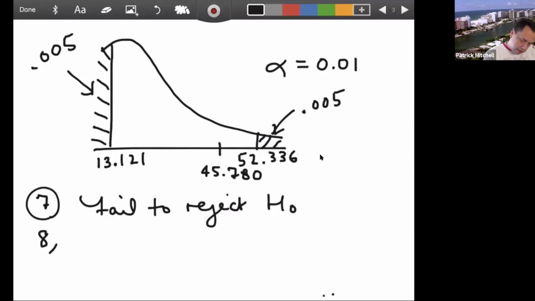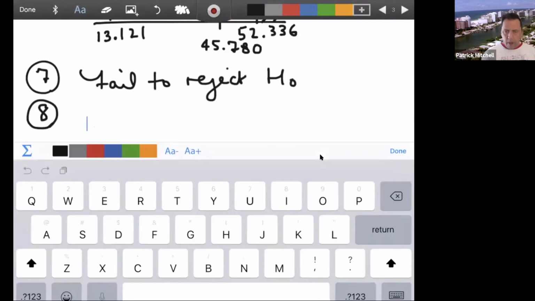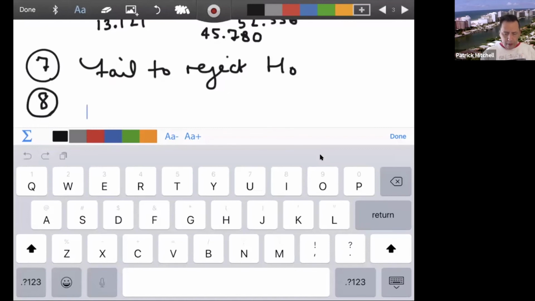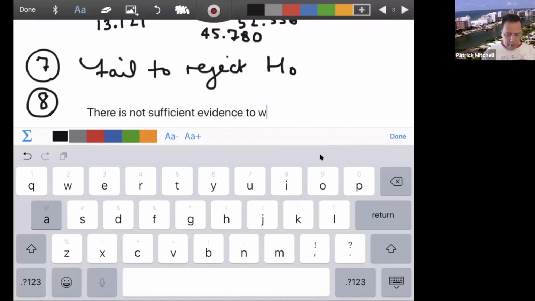You know what? I think I can type this. This will look a little nicer. There is not sufficient evidence to warrant rejection of the claim that the birth weights, oh, I'm sorry, you can't see this.